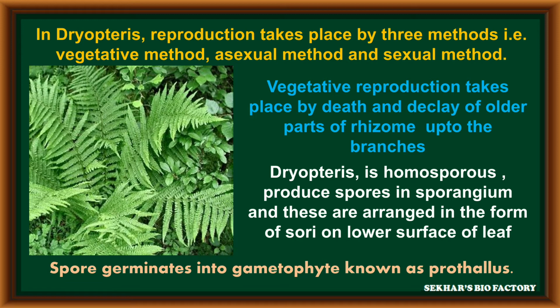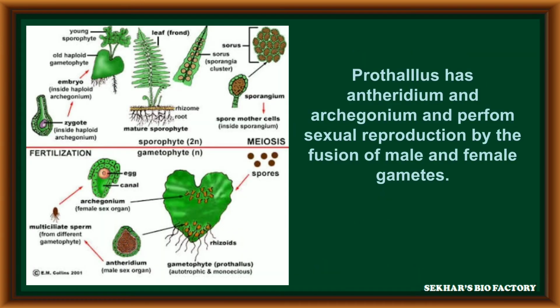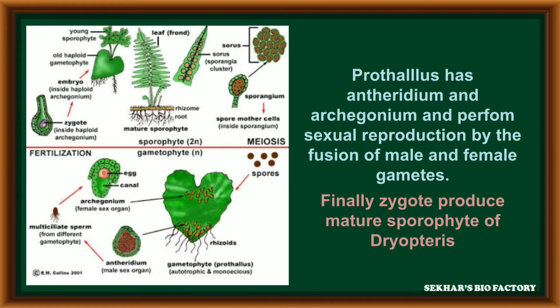Each spore germinates to form a haploid gametophyte called the prothallus. The prothallus has antheridium and archegonium to perform sexual reproduction by the fusion of male and female gametes. Finally, the diploid zygote produces a matured sporophyte of Dryopteris.